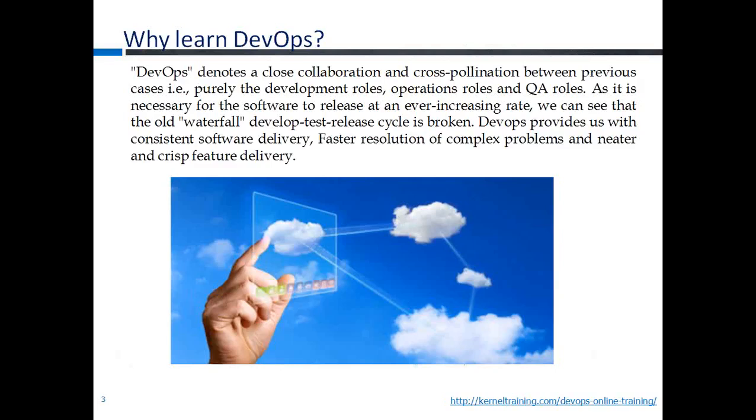He should know about the development roles, operations roles, and QA roles also. So when the product is given to the DevOps guy, if anything happens in the infrastructure, he should be able to tweak the code, and he should test whether it is working between those ends and the other ends also.